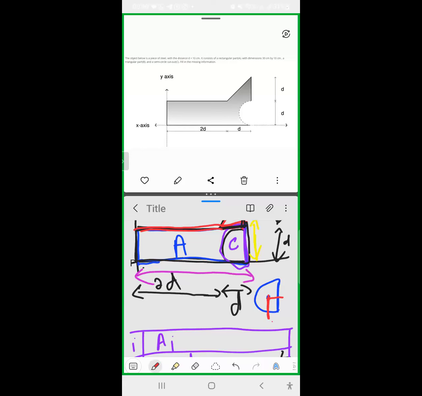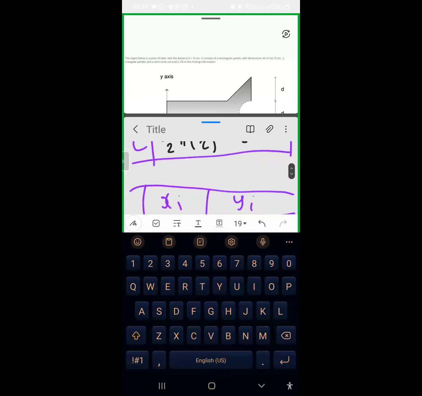But for the y, we can see that the distance from here to here is simply r units, the radius. So the y coordinate of the center of mass will simply be d over 2 units. So we come here, this is 0 plus d over 2 units.